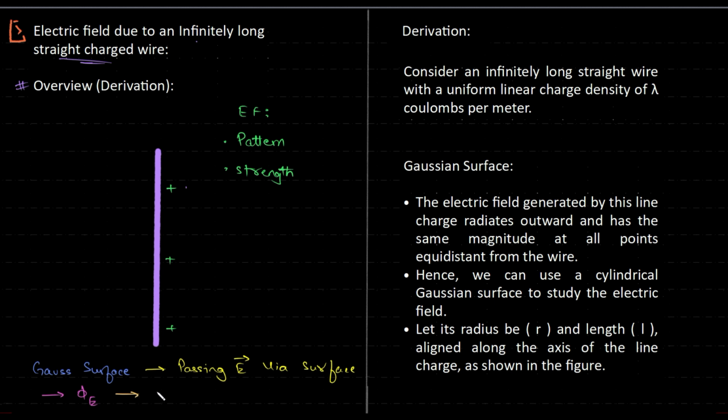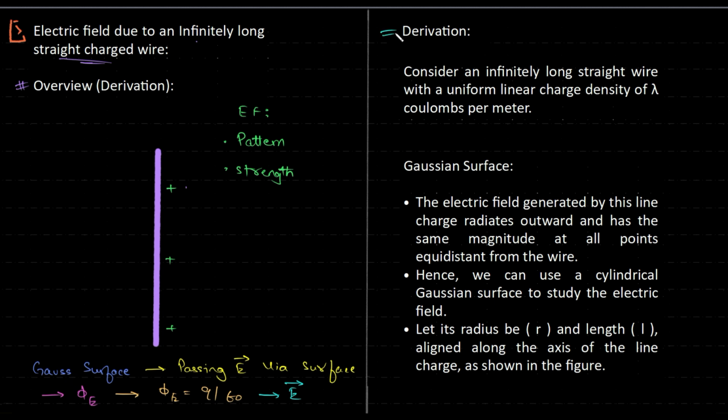Then we use Gauss's theorem and equate flux to Q by epsilon naught. And this will lead us to the expression for E. So the very first question is, what should be the Gaussian surface?